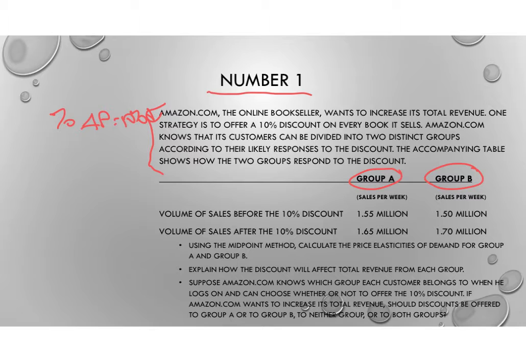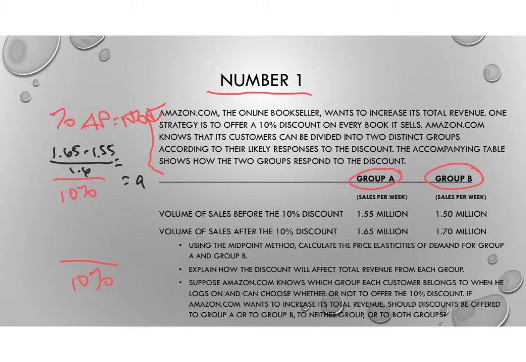Okay, so for both groups, the percentage change in price is going to be 10%, and that's what's going to be in the denominator. For the numerator, we can note that for Group A, we're going to see a change in sales, 1.65 million minus 1.55 million over 1.6, okay?